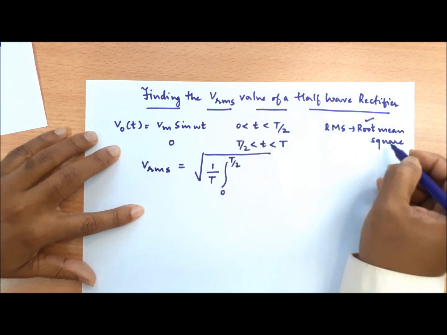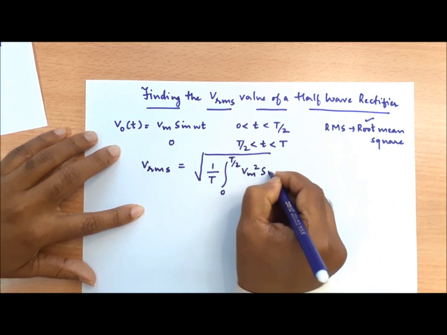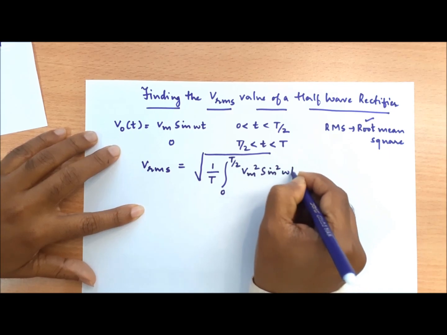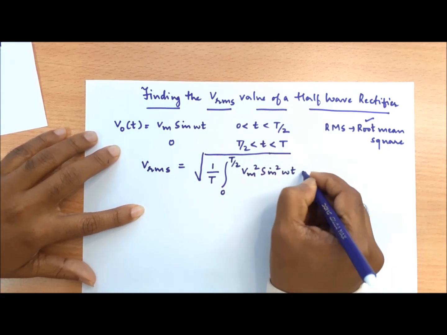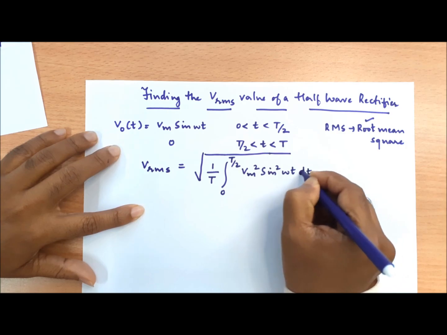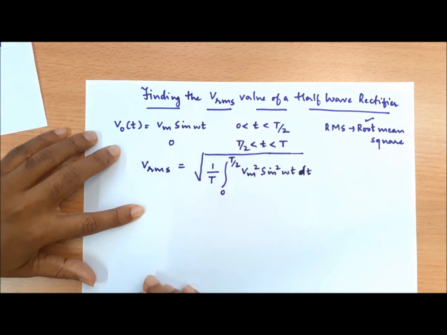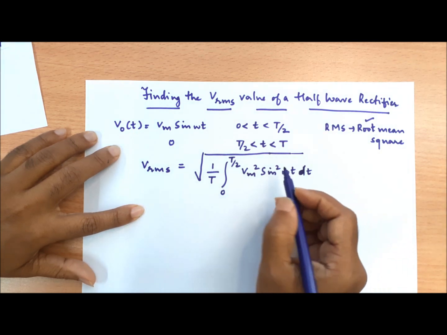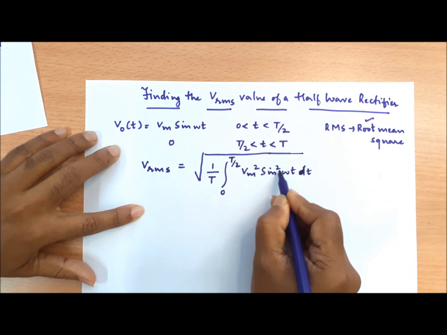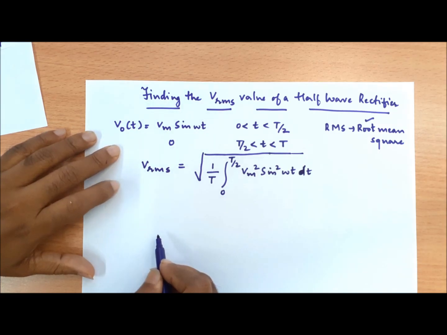So then the square, Vm square sine square omega t dt, right? So if I start to integrate it, let's just see what we get. Now we have sine square omega t.